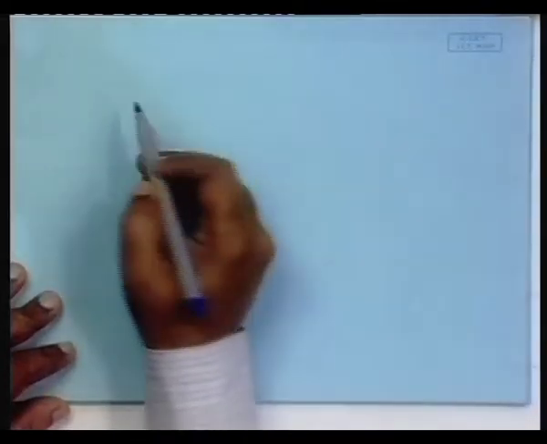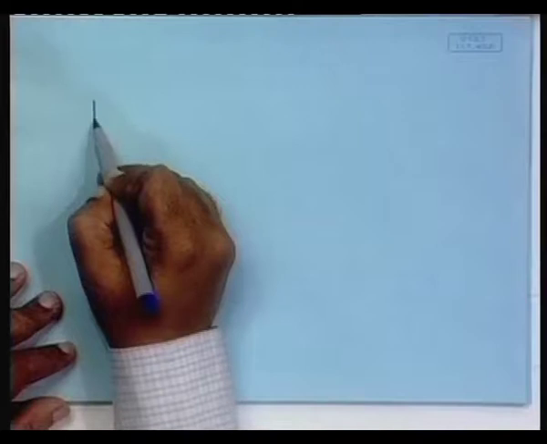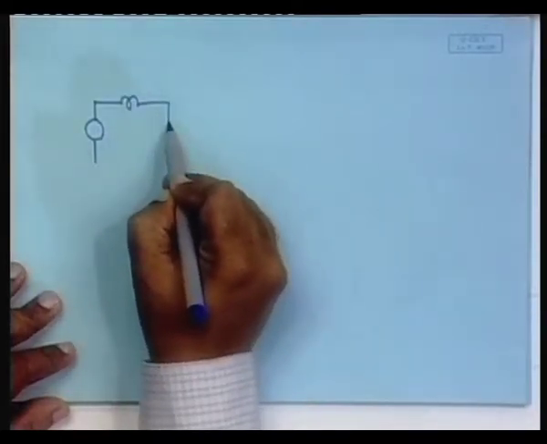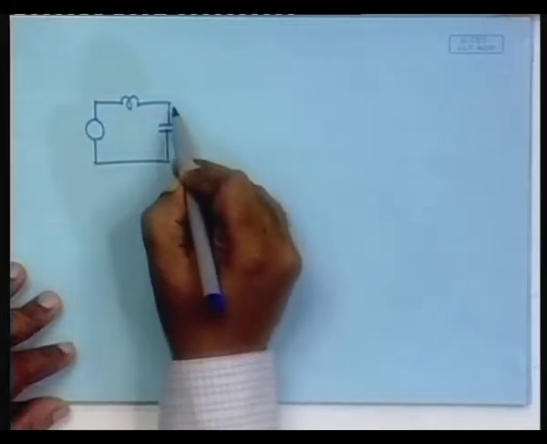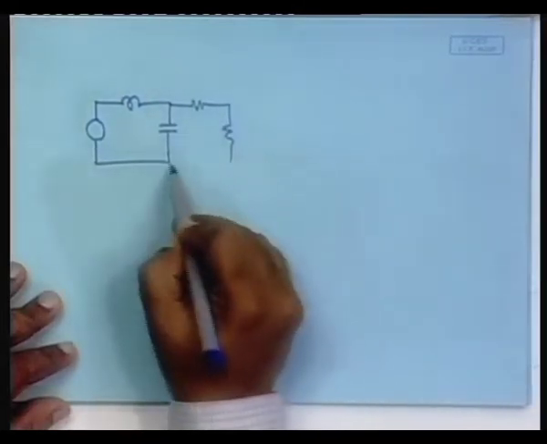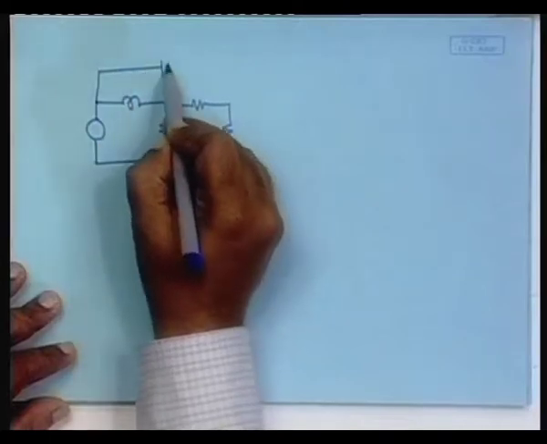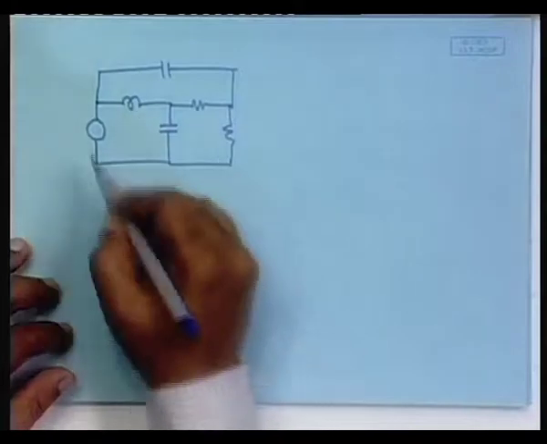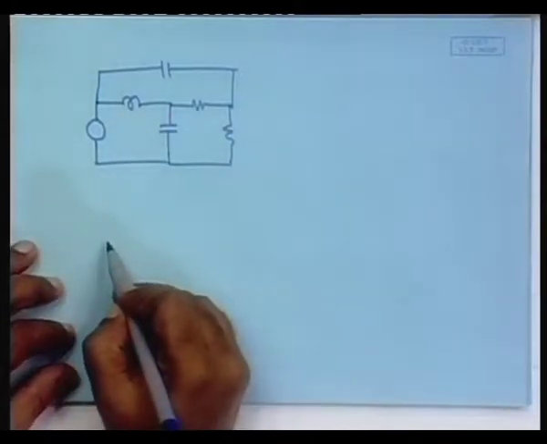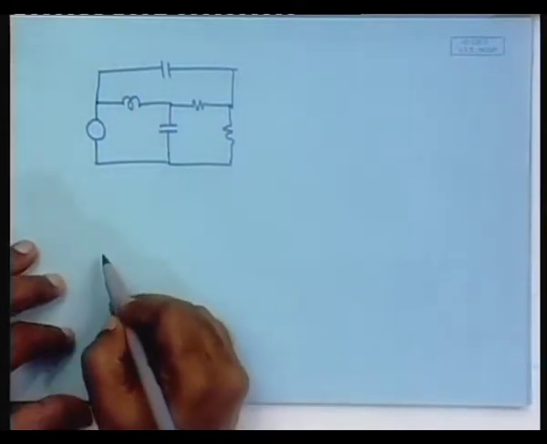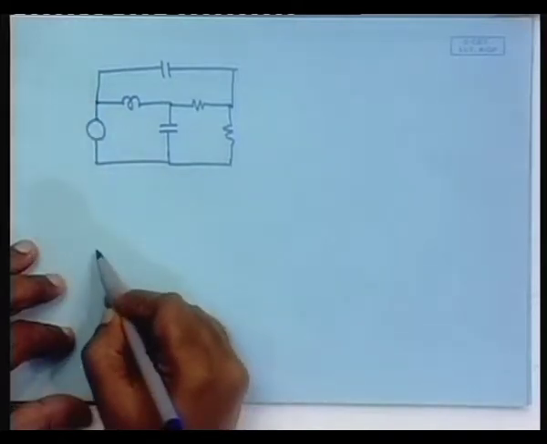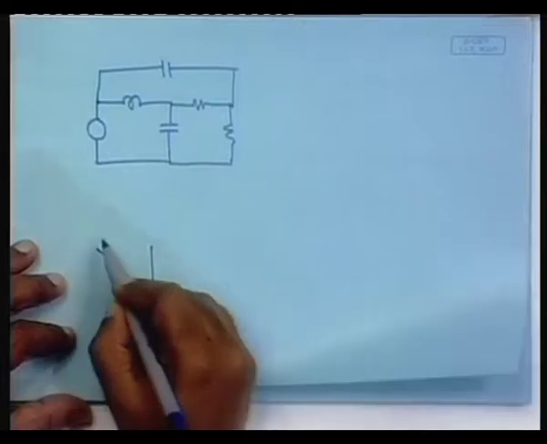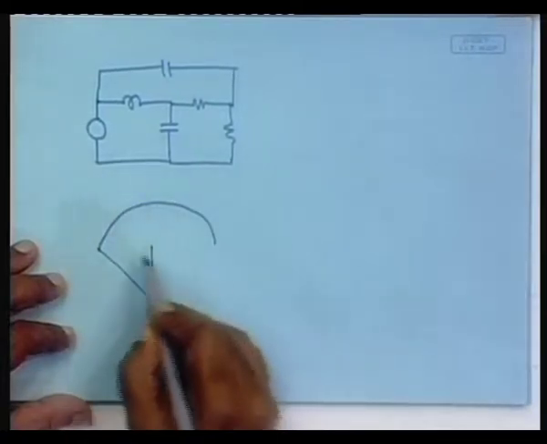Remember that when we started with the circuit, the tree structure was, we started from here, we took this one, this one, this one, and any other thing will complete it.